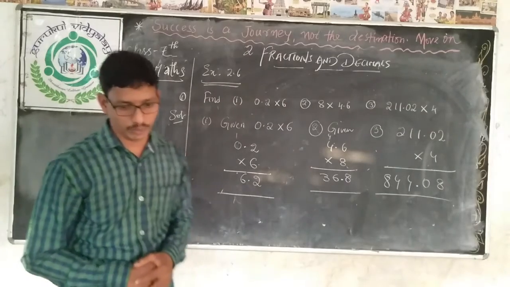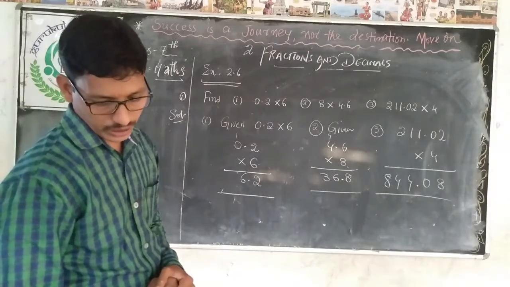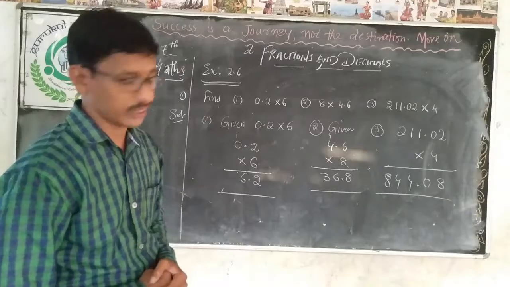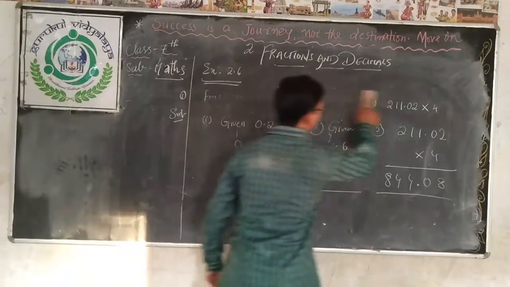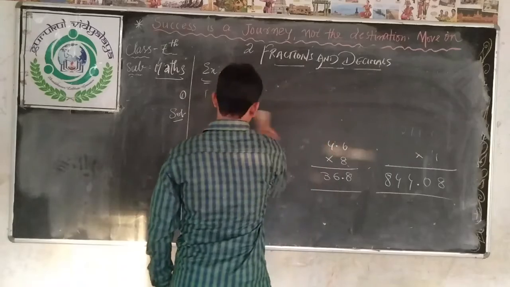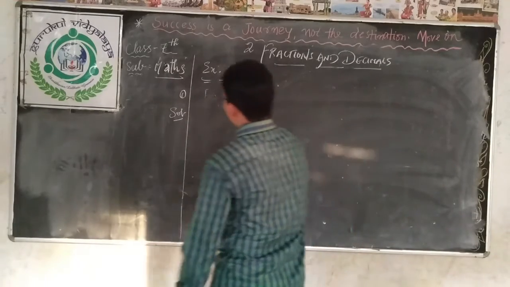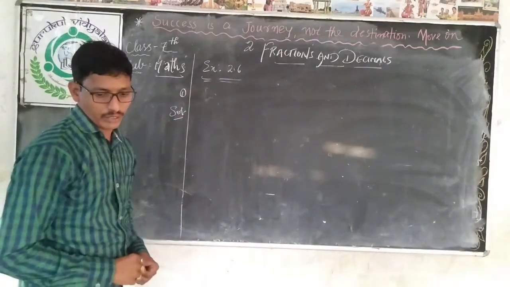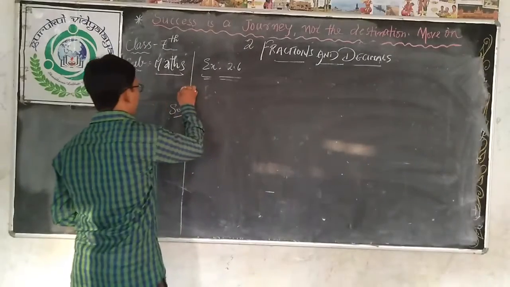Now coming to the second problem. Find the area of a rectangle whose length is 5.7 centimeters and breadth is 3 centimeters. First, write what is given.